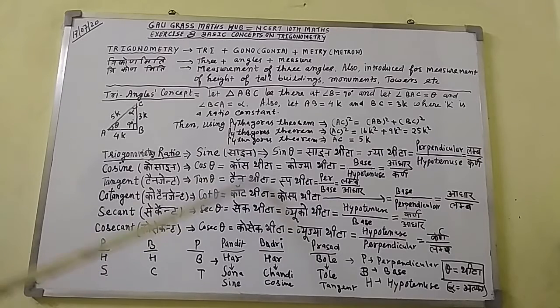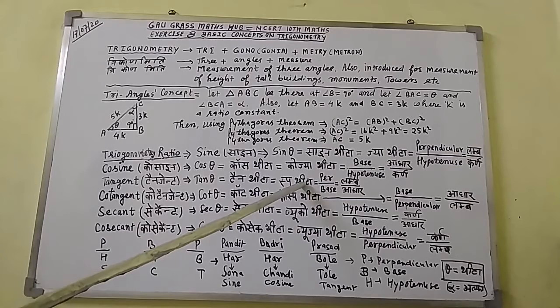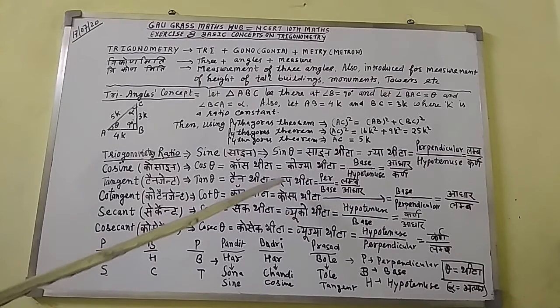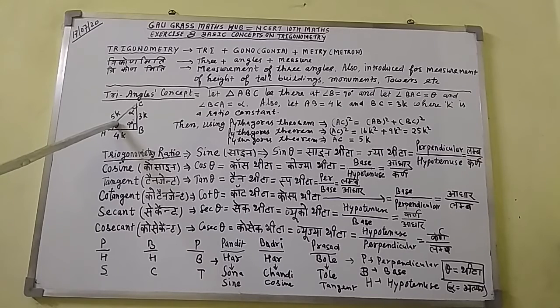Tan theta I have written. In Hindi tan theta can be called as asp theta. Here with respect to angle theta, the side BC is the opposite of angle theta.